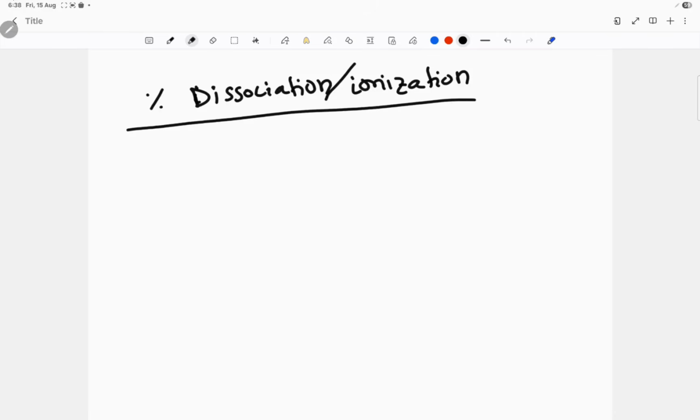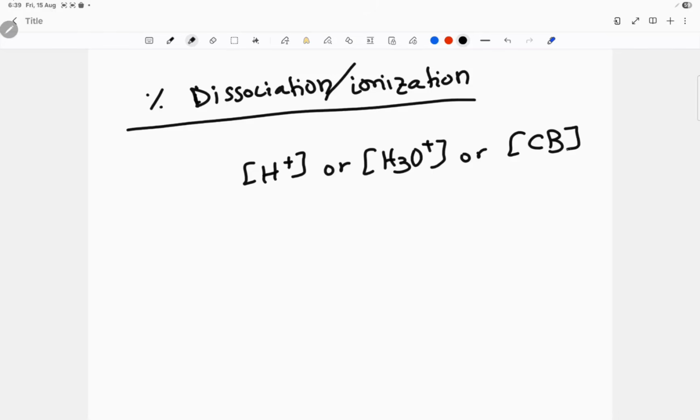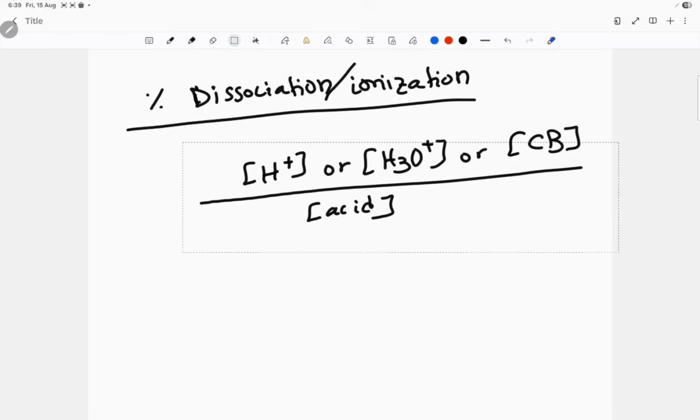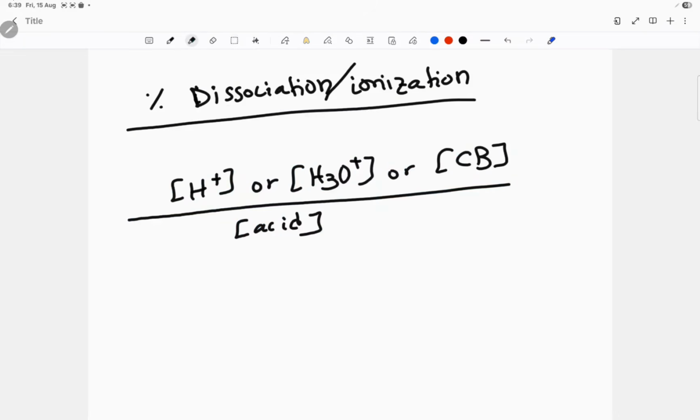There's an equation for this, which is not in your book and not on your equation sheet, so please take notes. You take the concentration of H plus, if you have it, or the concentration of hydronium, or the concentration of the conjugate base, over the concentration of the acid. And of course, the whole thing has to be multiplied by 100.